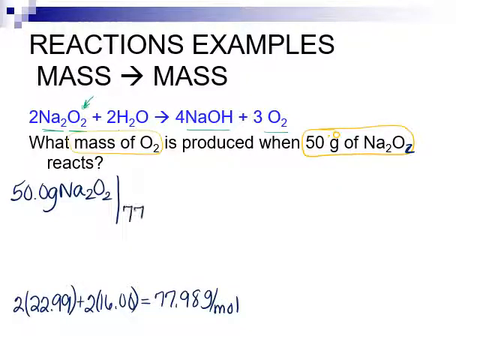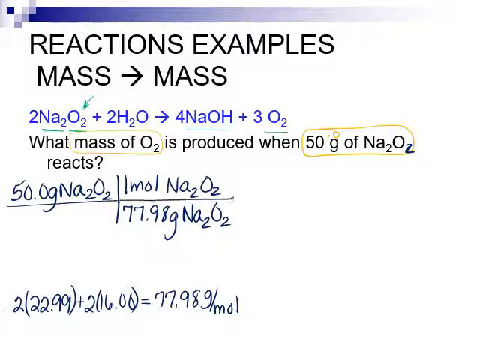So 77.98 grams of sodium peroxide. It is very important that you write this all out. 1 mole of sodium peroxide. Okay, if I stopped right here, I'd have converted grams to moles.